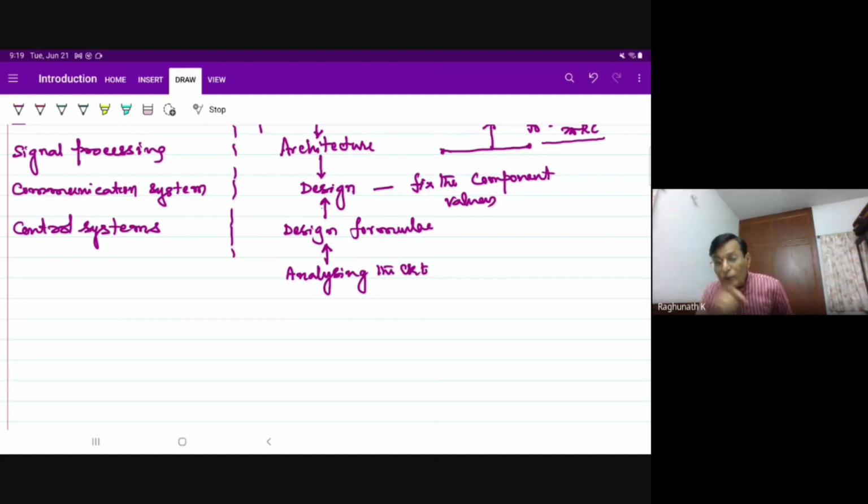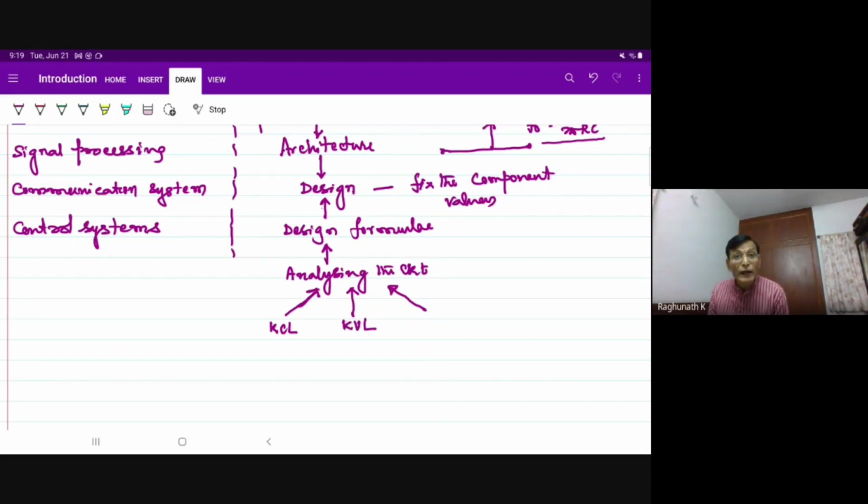Given a circuit, analyzing that particular circuit requires three inputs. What are they? KCL, current law. KVL, voltage law.